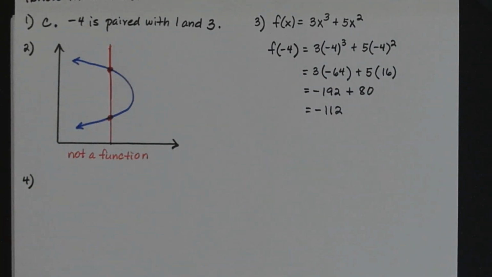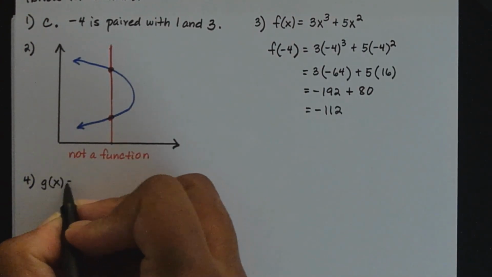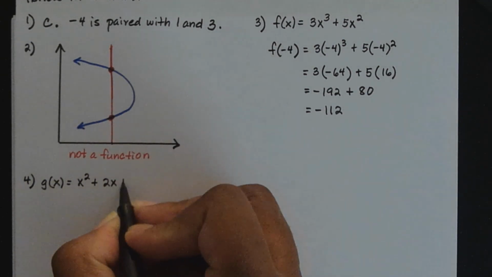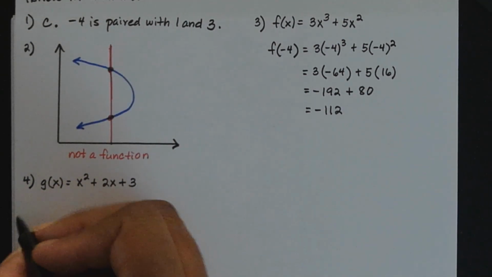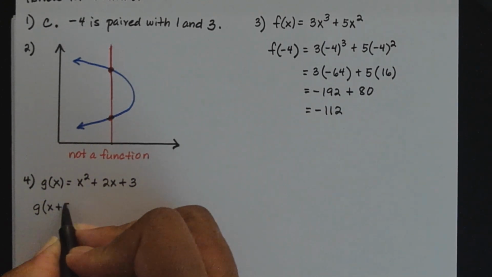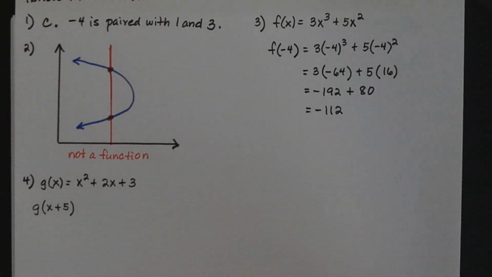All right, number 4, here we have g of x is equal to x squared plus 2x plus 3. And here I want to find out what g of x plus 5 is going to be. So here I'm not looking for a numerical value.